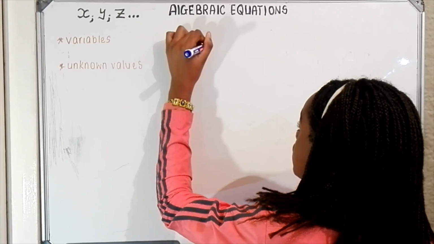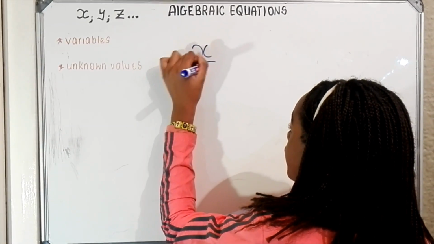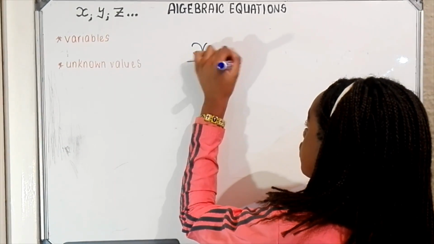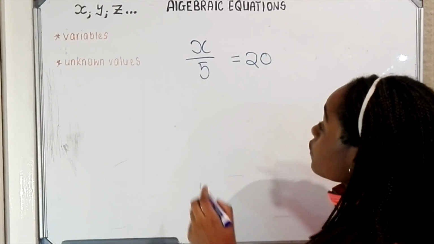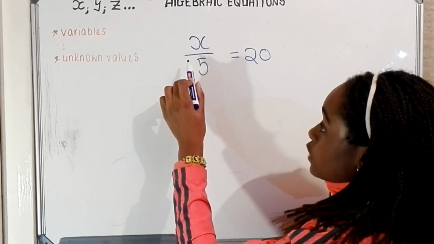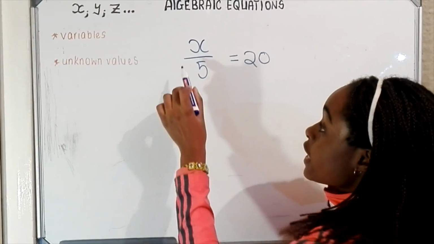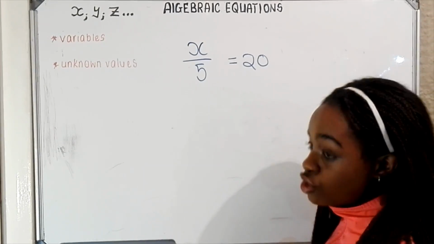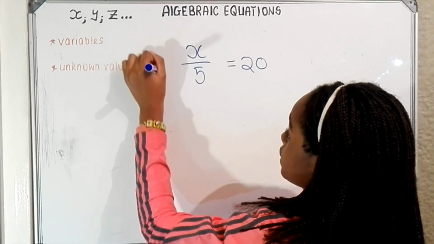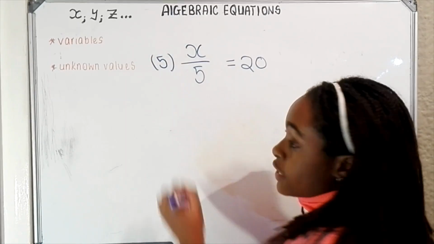Okay, let's try this example. So we have x over 5 is equal to 20. Try this, okay? So again, like I said, we're looking for the value of x, and x is divided by 5. The opposite of division is multiplication. So we have to multiply by 5 because we want x by itself.